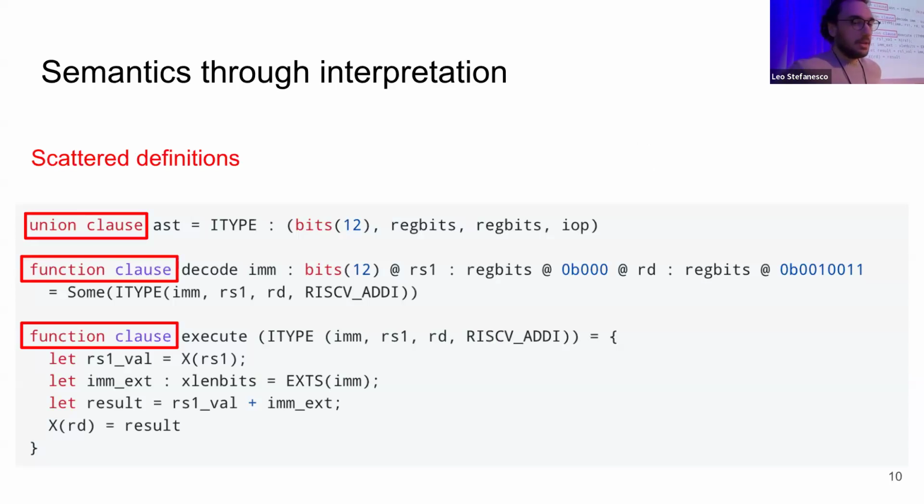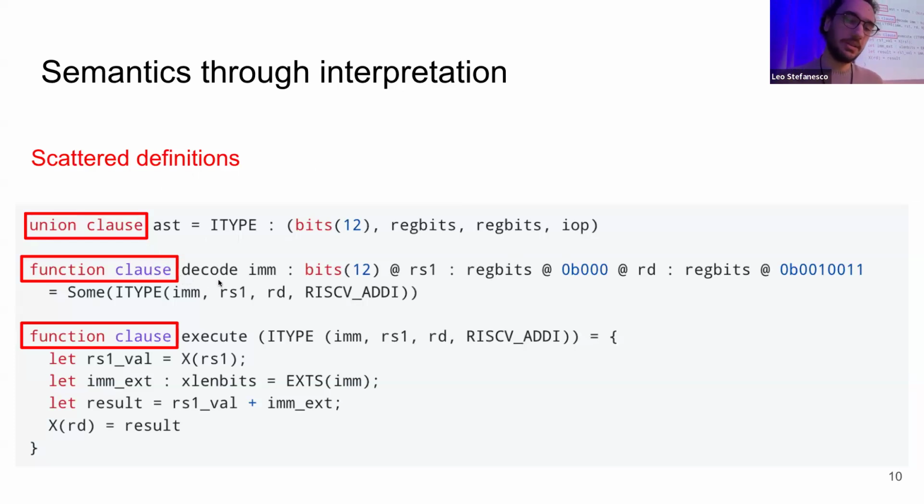In particular, there are what's called scattered definitions, which means that the types as well as the functions don't need to be defined in one go, but instead you can add new constructors to types. For example, AST is the type of all the instructions. And here we say, oh, actually, there's an instruction which is called iType, and it contains these 4 pieces of data. And then we can also have functions that are declared across many files.